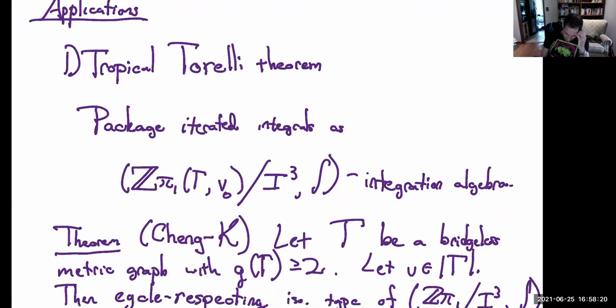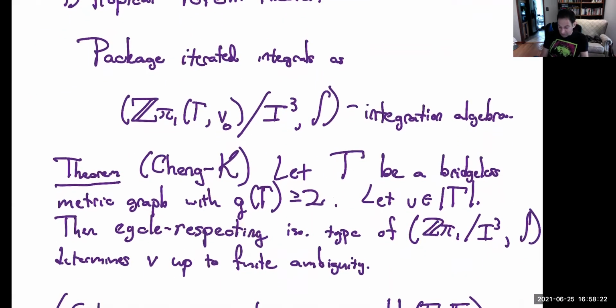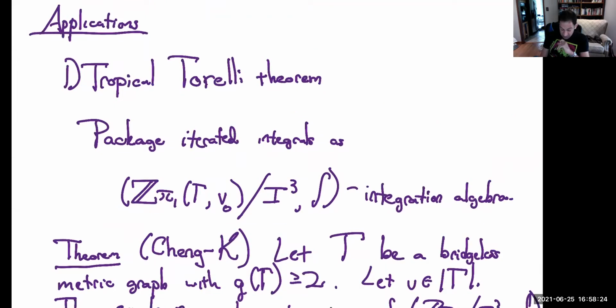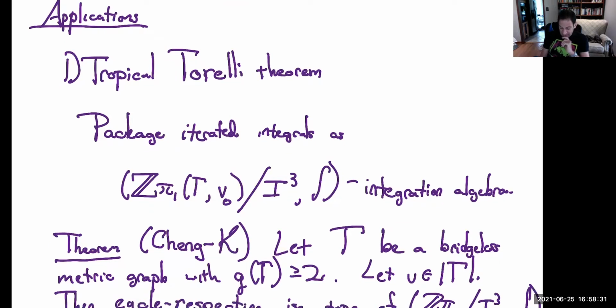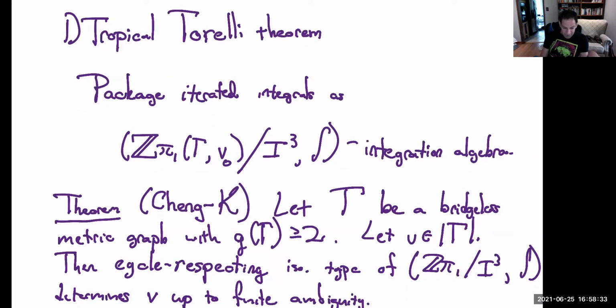Okay, so the first application is the tropical Torelli theorem, which is with Raymond Cheng. And it's analogous to the Hain and Pulte result, but it's a little bit unsatisfying for reasons I'll describe in a sec. So what I can do is I can package the iterated integrals as truncated group ring with the integration operation. And now notice I don't have tropical 1 forms in this data.